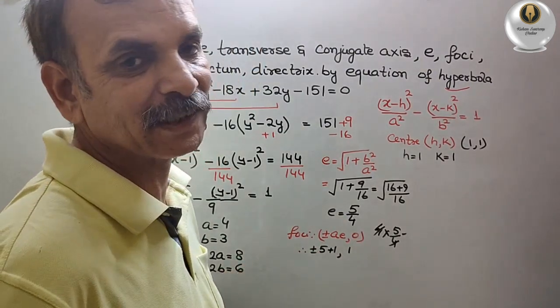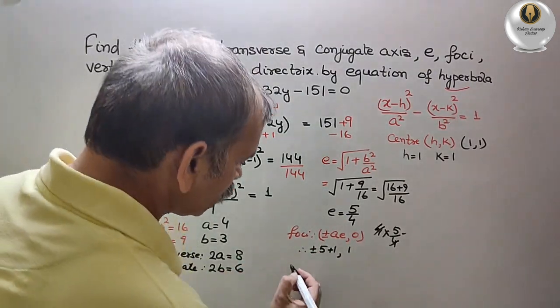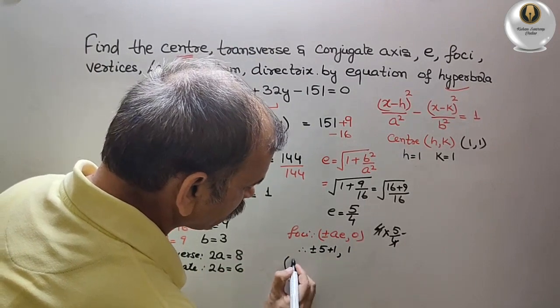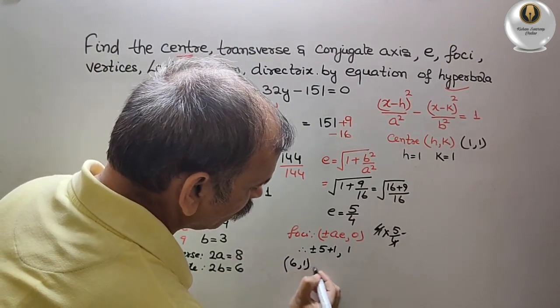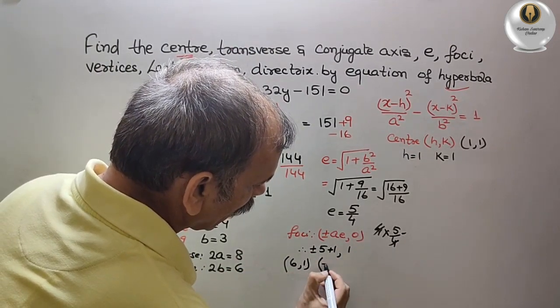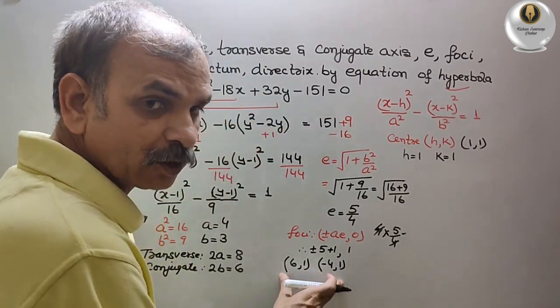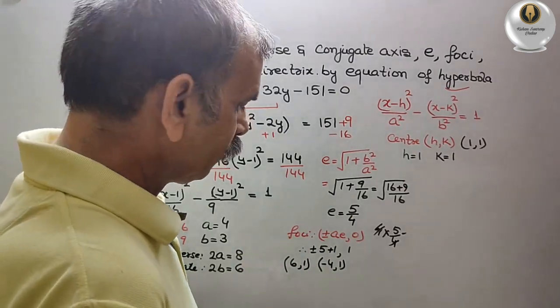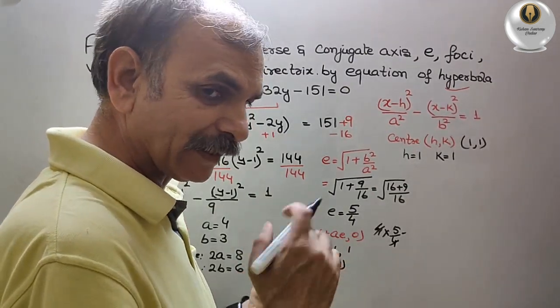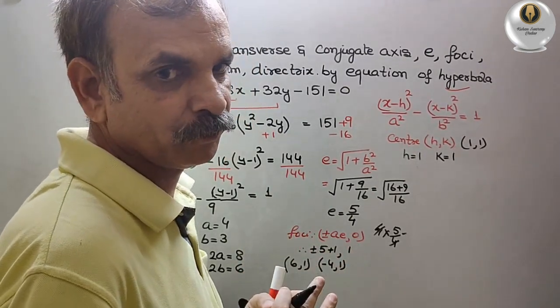Therefore, the foci coordinates are 6, comma 1 and minus 4, comma 1. So these are the coordinates of the foci.